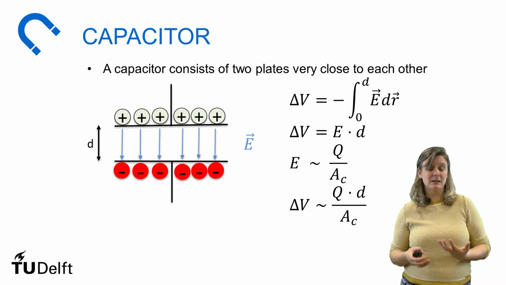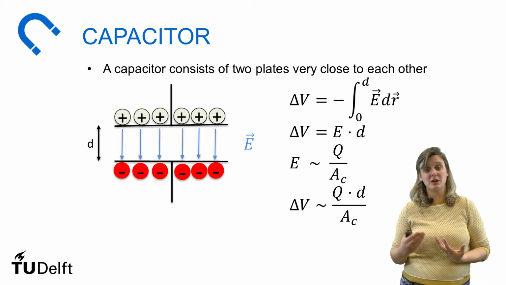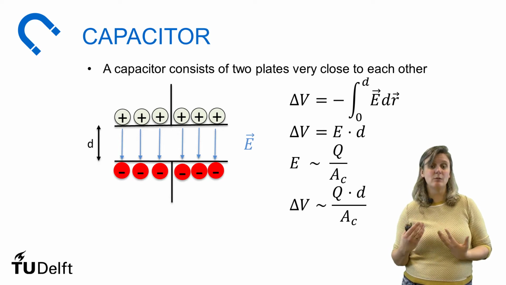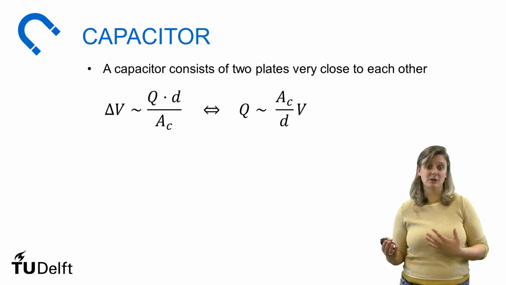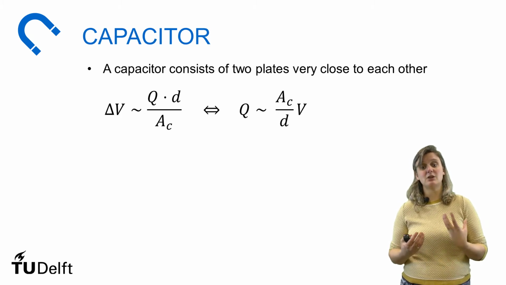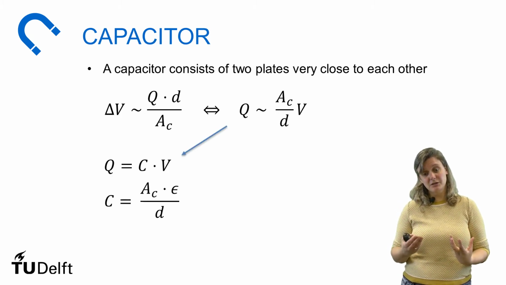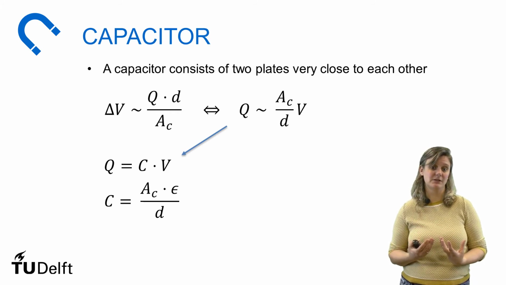We can take that a step further, because if we know that the potential difference scales with the number of charges times the distance over the area, then we know that the number of charges that we can put in our capacitor scales with the area over the distance times the potential. Now we're getting somewhere, because what we see is that our charge is a constant times the potential. And this constant is what we call the capacitance.